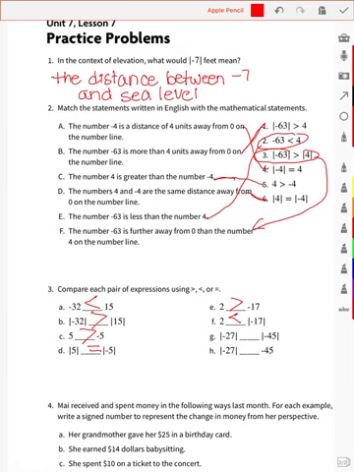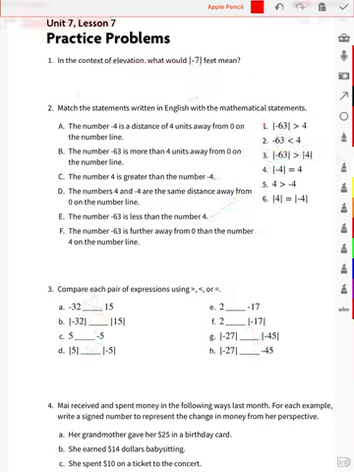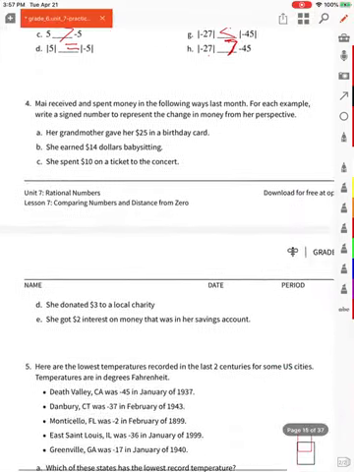And the absolute value of -45 is 45. So 27 is less than 45. On this one, they don't have the absolute value around the -45. So we have the absolute value of -27 is 27. So 27 is going to be greater than -45.